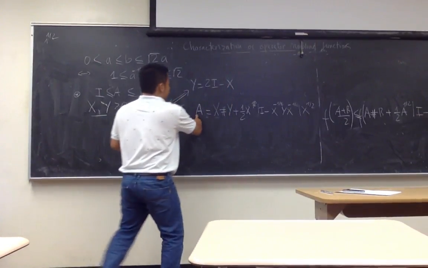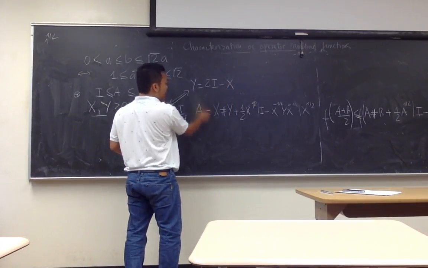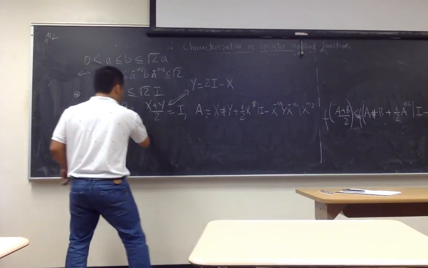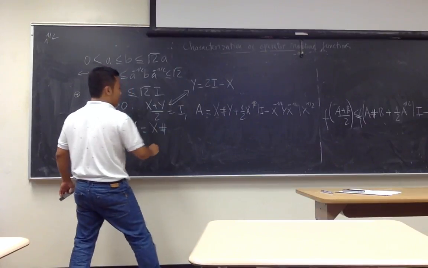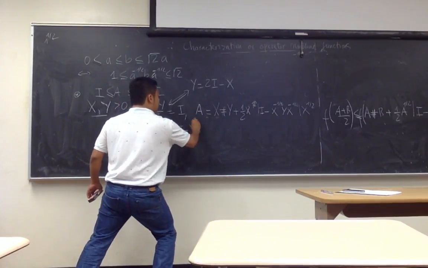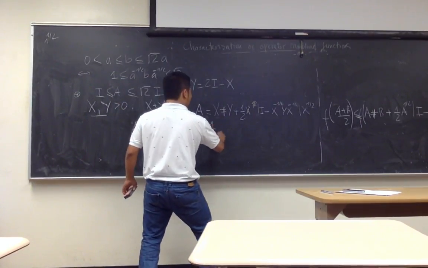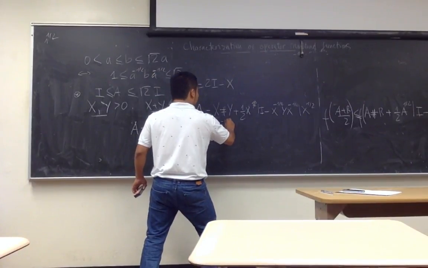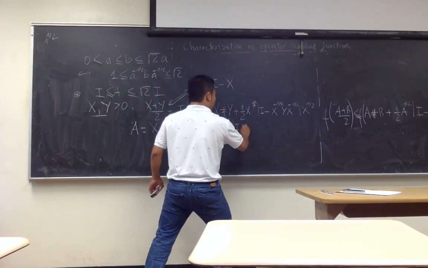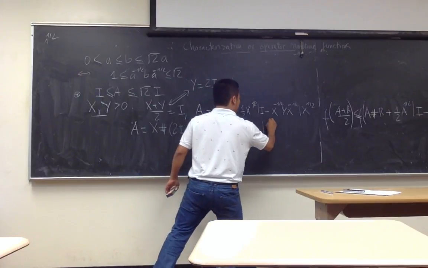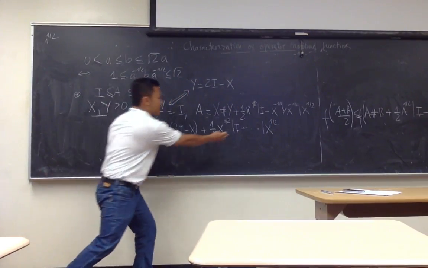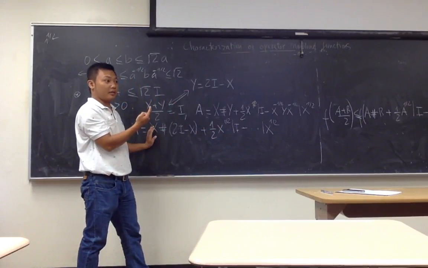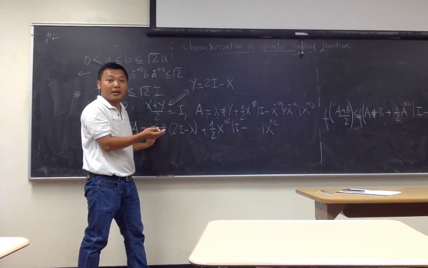I will substitute y in this formula, and I get A equal to x geometric mean with (2I minus x), plus x^(1/2) and so on. And here in this part we have only one matrix, so in some sense it is the scalar case, right?